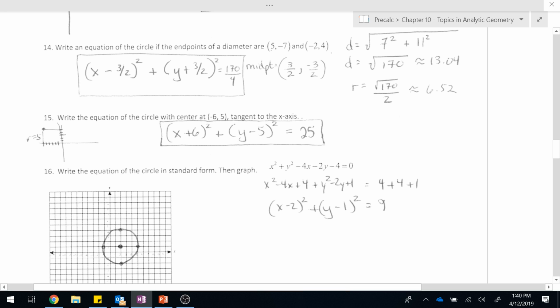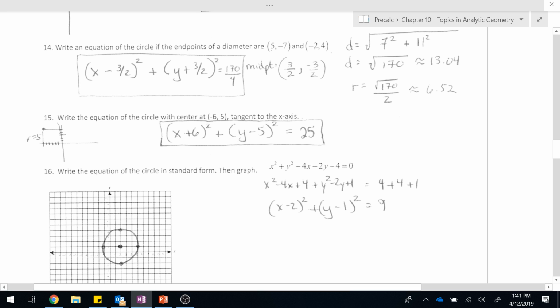All right, number 15, another one to make you think a little bit. Equation of the circle with center at (-6, 5), tangent to the x-axis. Tangent means it touches in how many points? 1 point. So if it's only going to touch at 1 point, that point is going to be on the outer rim of the circle.